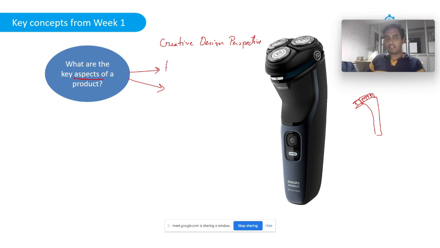One is the form, and the other one is the function. The form also means the concept.